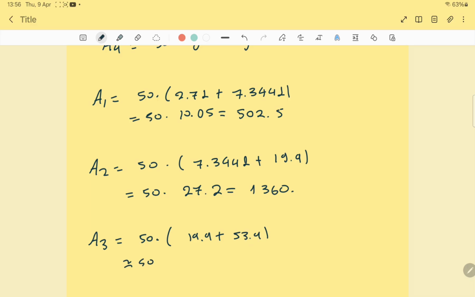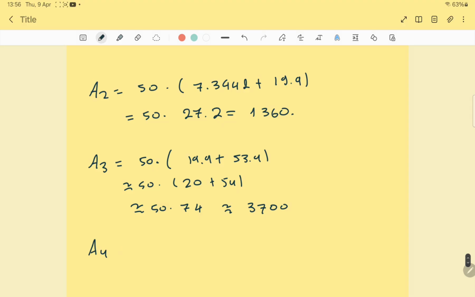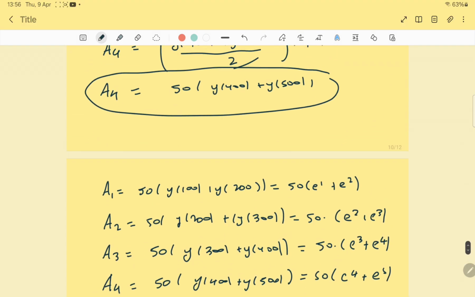Okay, let's round it up. 50 times 20 plus 54. That's going to be 50 times 74, that's going to be 3,700.